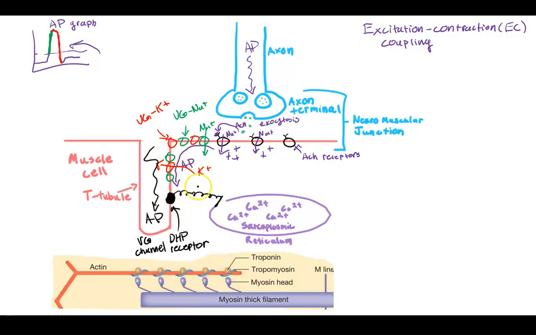And then the DHP receptor, this part is really interesting. The DHP receptor is physically tethered, physically connected to a channel on the SR, right? So this is our sarcoplasmic reticulum. So it's physically connected to a channel on the SR. This channel on the SR is called the ryanodine receptor or the RYR receptor.